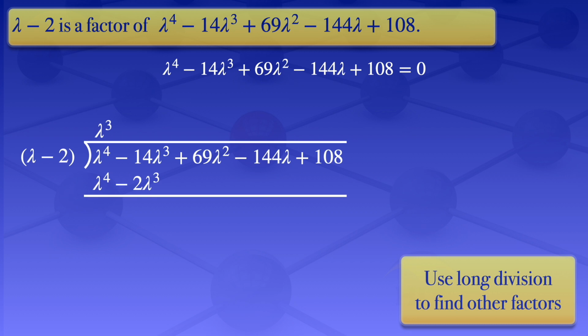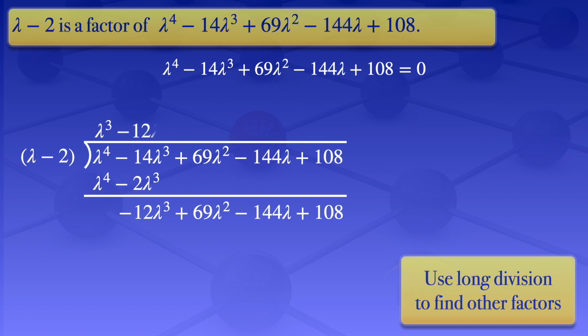Minus 14 lambda cubed minus 2 lambda cubed gives us a minus 12 lambda cubed. And then we'll write the others as they are there. So we'd have minus 12 lambda cubed plus 69 lambda squared minus 144 lambda plus 108. The leading term now there is a minus 12 lambda cubed. We divide it by the lambda and we get minus 12 lambda squared.